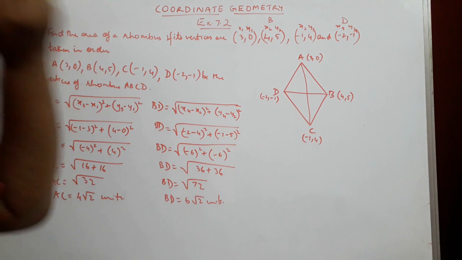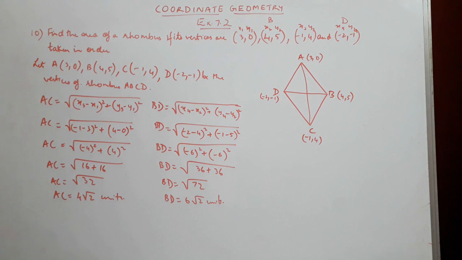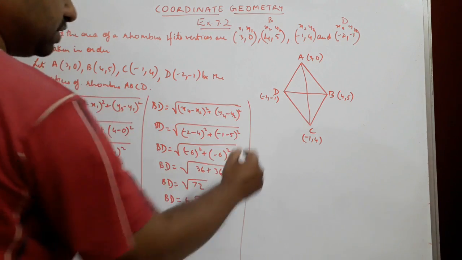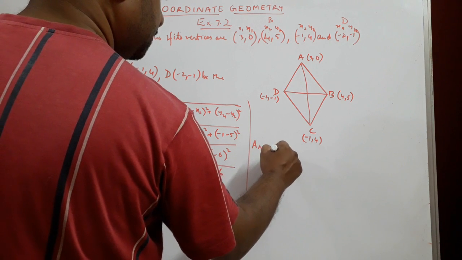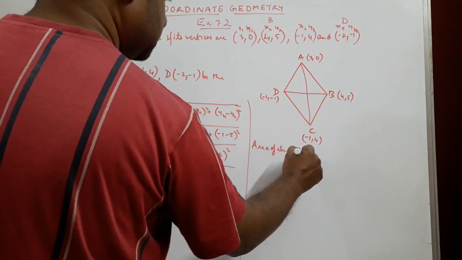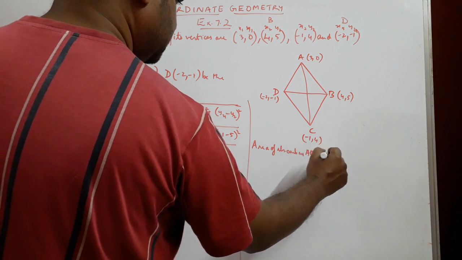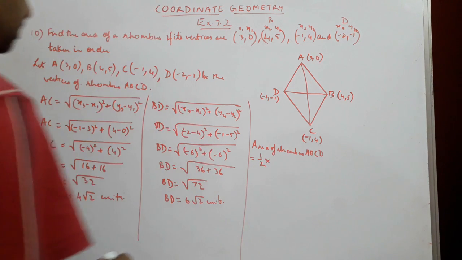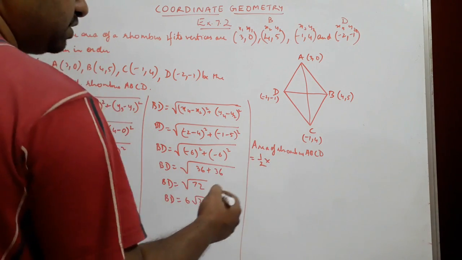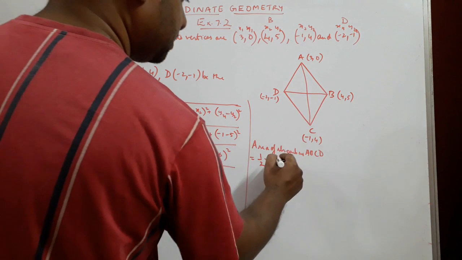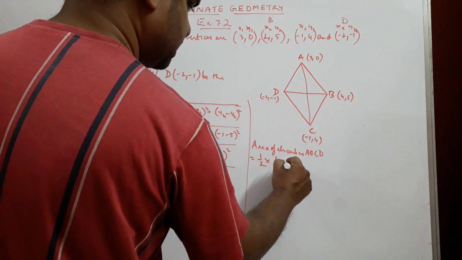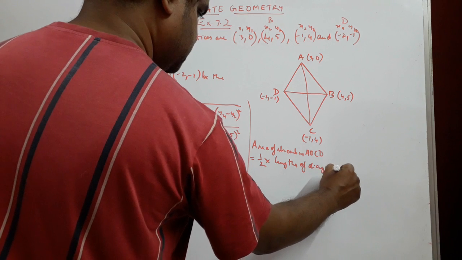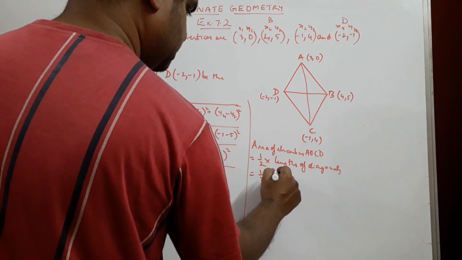Now we come to the main part, that is to find out the area of the rhombus. So area of rhombus ABCD is equal to half into the lengths of diagonals, and diagonals are which one?